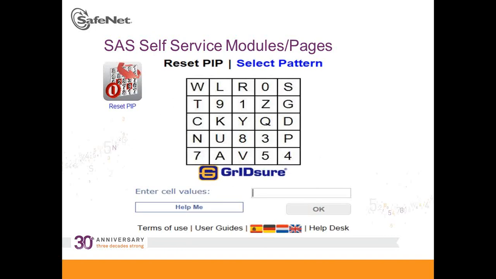So again, without contacting the help desk to provide this task or this ability to do so, I can access the self-service page, click on reset my PIP, and again, I can recreate a new pattern on the grid, and again, that would be my one-time password based on what characters I see within the grid.